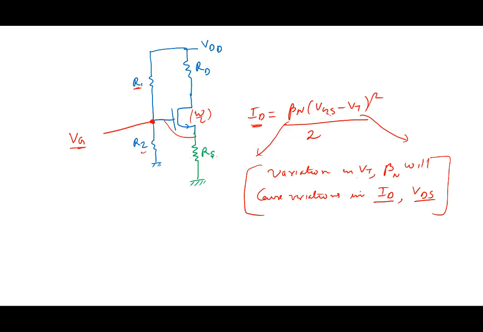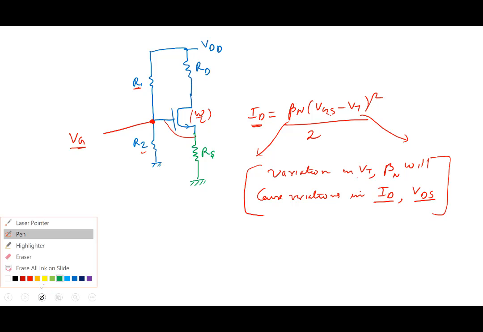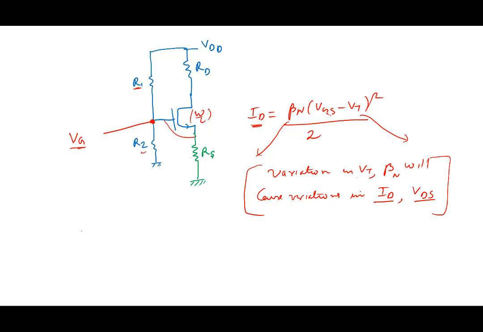Putting this resistor RS, the equation becomes, if I rewrite it, ID equal to beta N, same, the transistor is still in saturation.